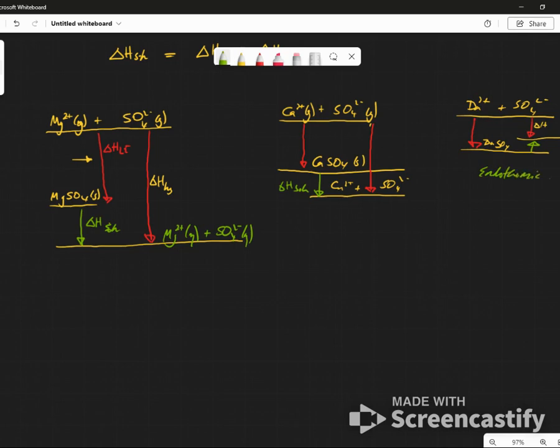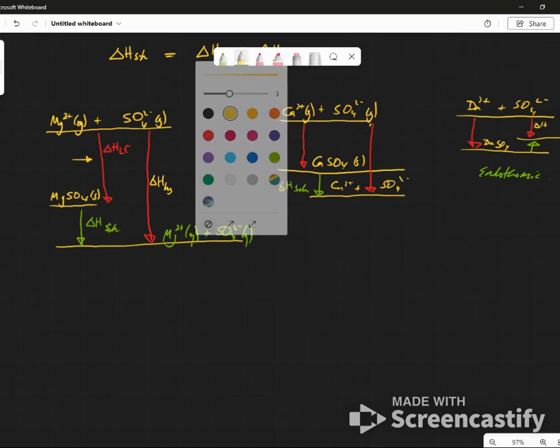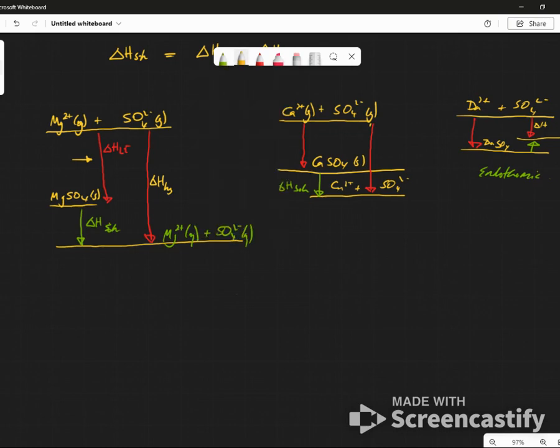Okay, so what's the moral of the story? The moral of the story is for group 2s, because the cationic radii increase, therefore the delta H lattice energy becomes less negative, sorry.